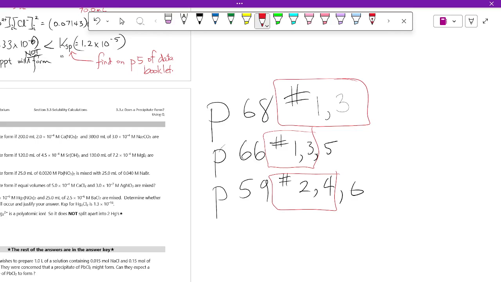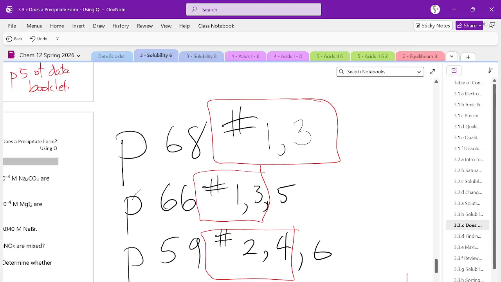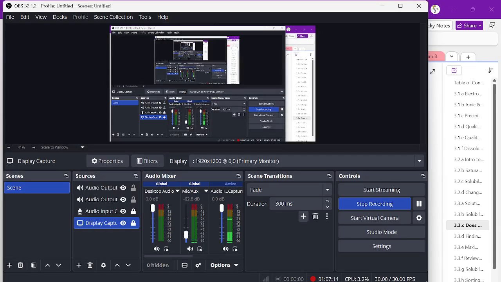You don't have to show all the work in between, I just showed that. What unit is this? Yep.